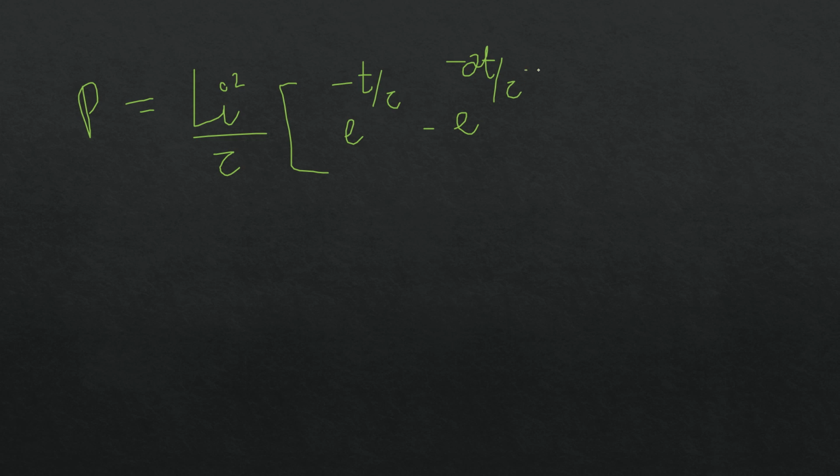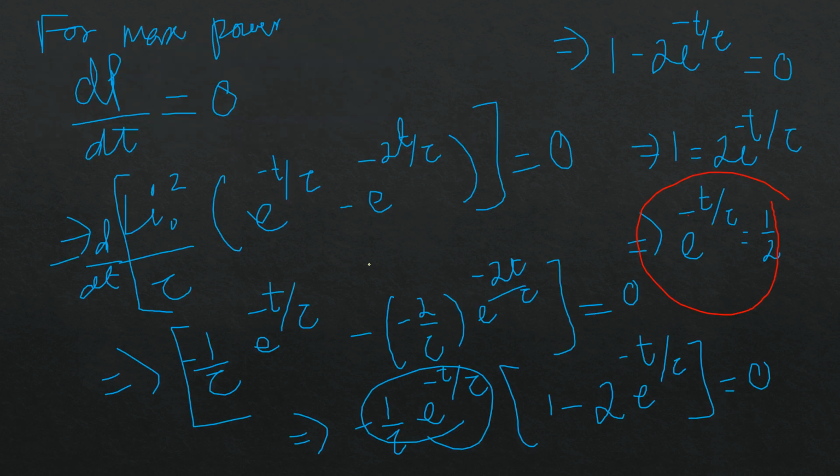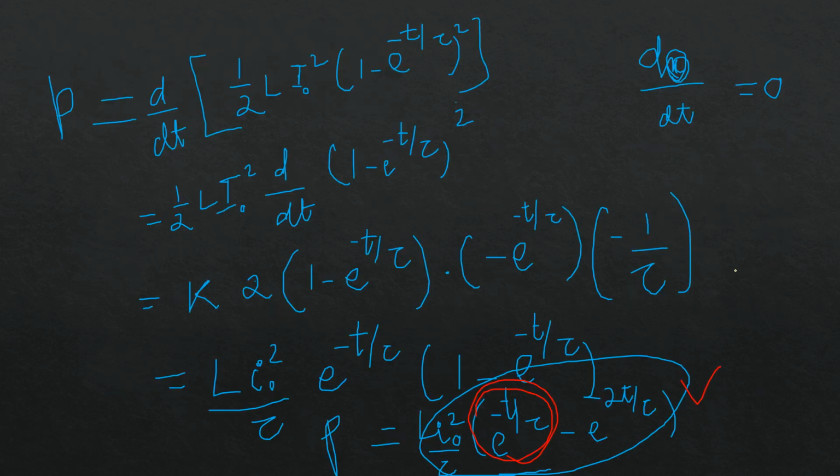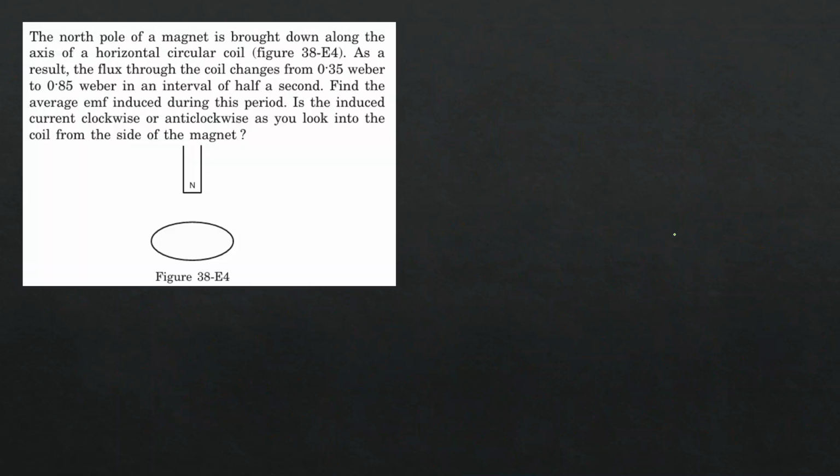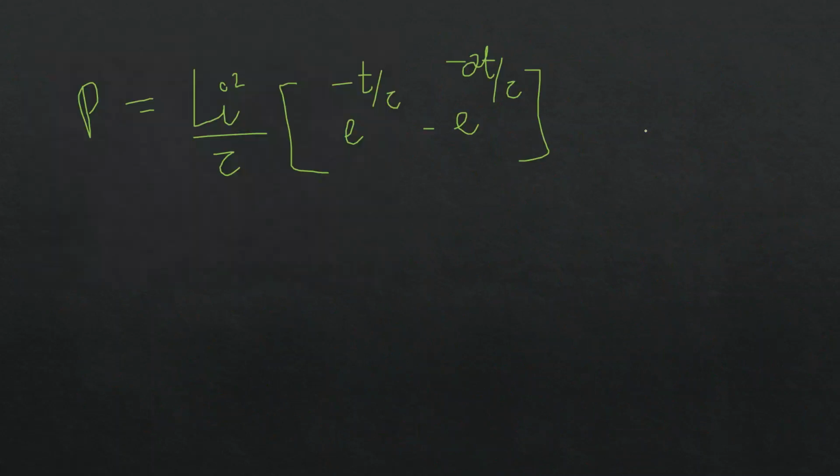Now we calculated that e to the minus t by tau is 1 by 2, so I will just put 1 by 2.